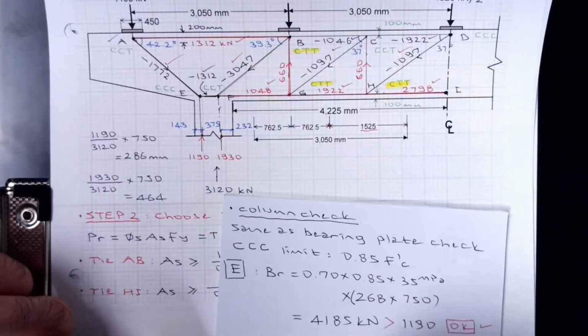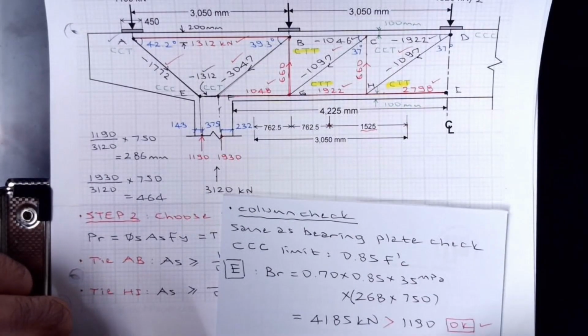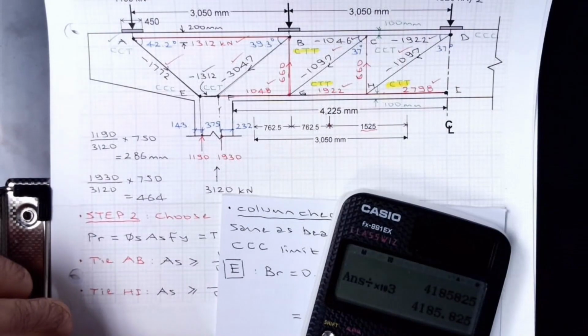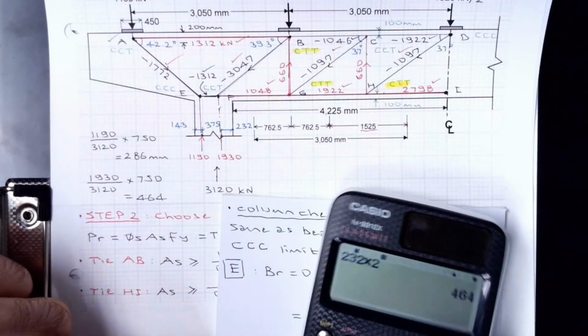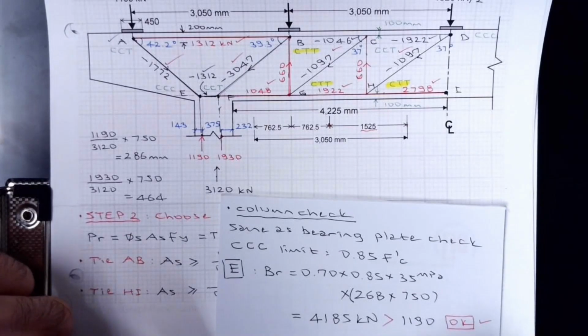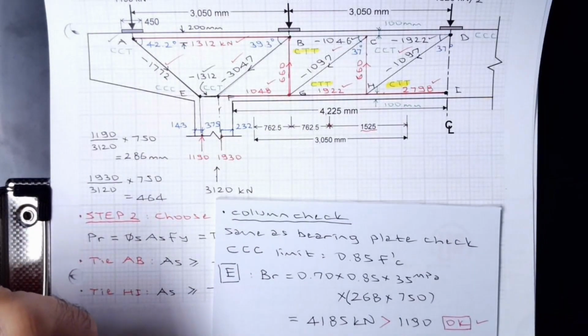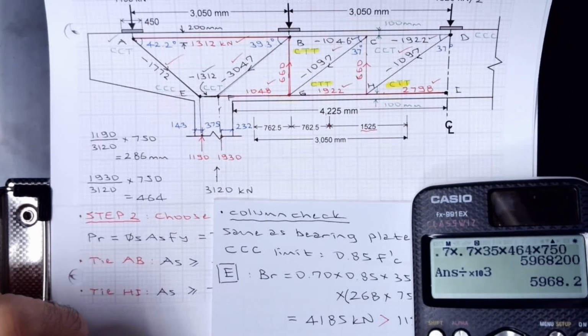It's tons of space we allocated. 0.70, 35 megapascal, and then we allocated more space because it's a larger force. 233 times 2, 466, times 750. So definitely this is going to give a huge capacity. Let me check. 5,968.